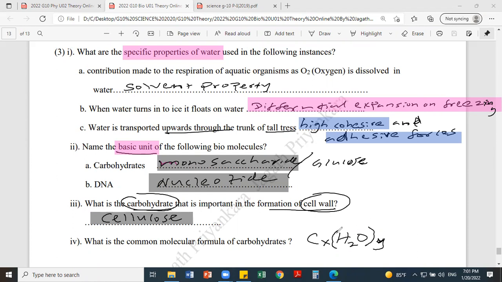If you take glucose, x equals 6. For glucose, what is x here? 6. And y will be again 6. Then you get C6H12O6 like that. So the answer should be Cx(H2O)y.